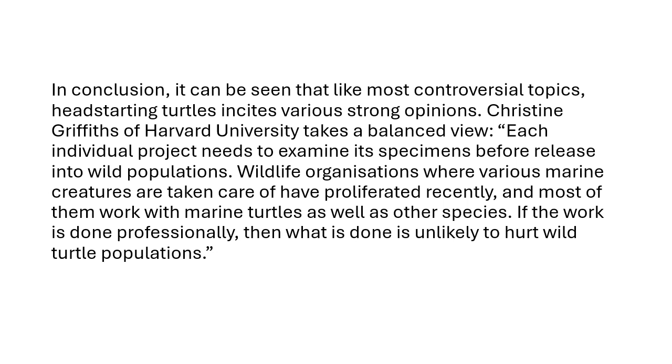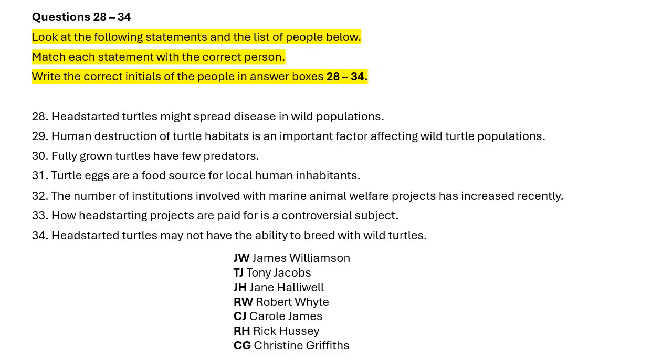What do I mean by the task directions? Let's take a look. Here is what I mean by the task directions, the sentences at the top. The first sentence is an instruction that asks you to look at the statements you are to match with some items in a list. It says, look at the following statements and the list of people below.